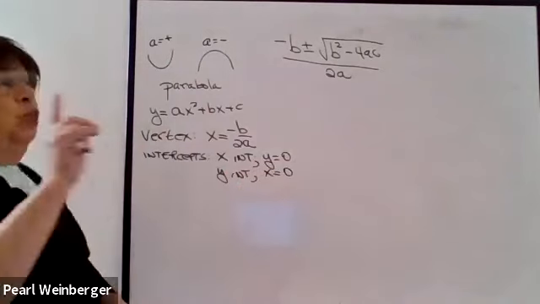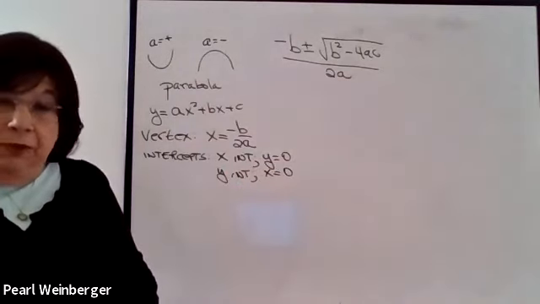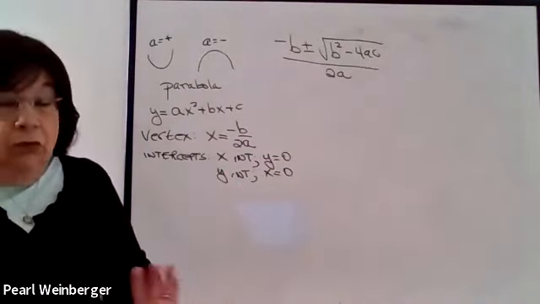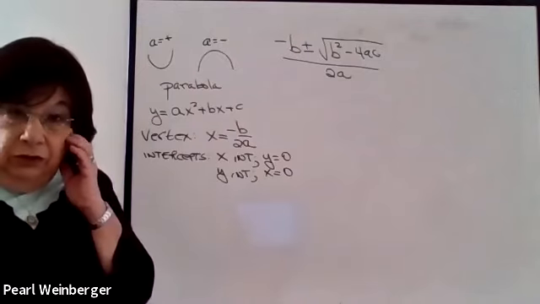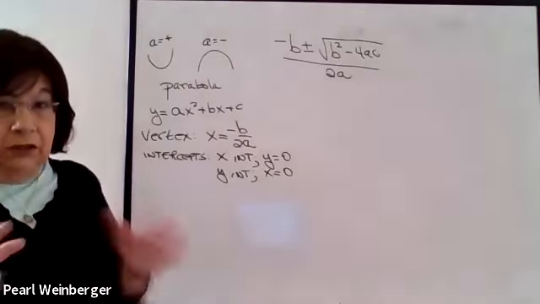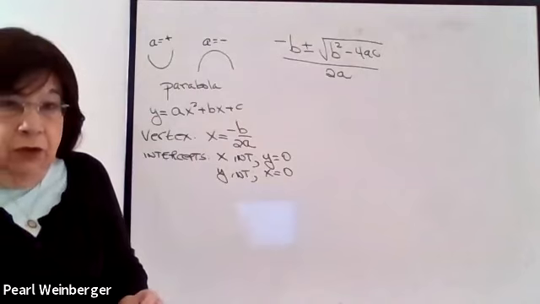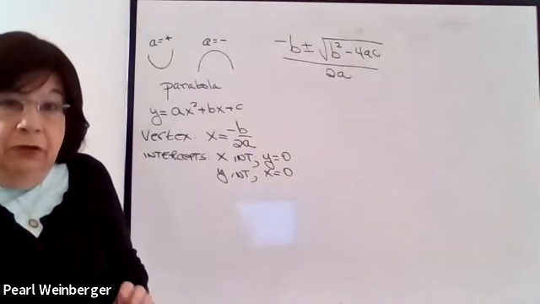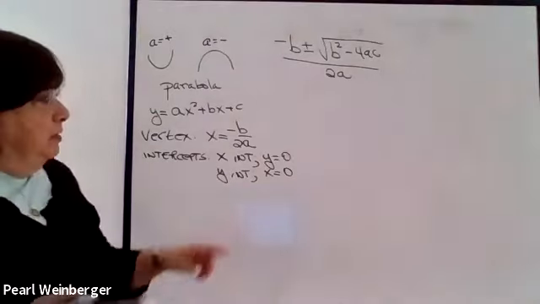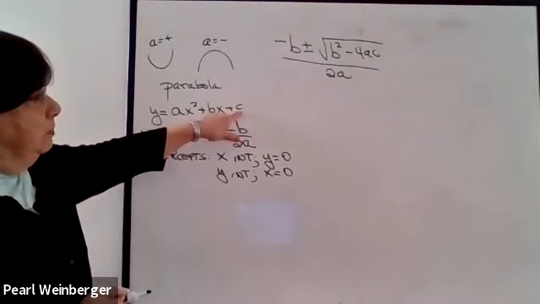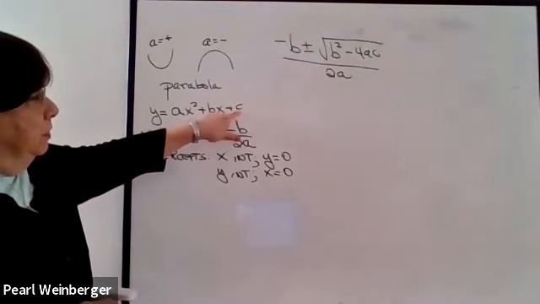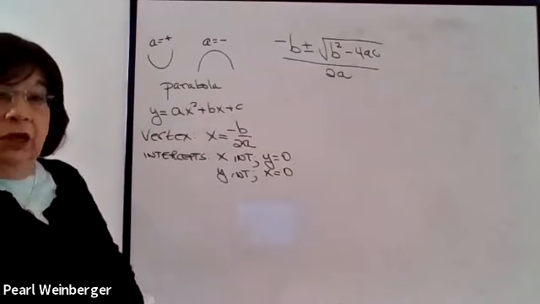There might be two, or no, or only one x-intercept, but there is always one y-intercept. As a matter of fact, it is equal to the c in the quadratic equation.